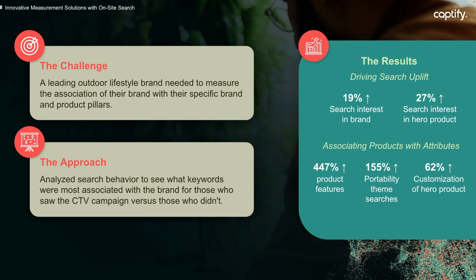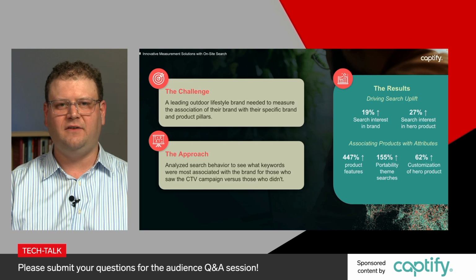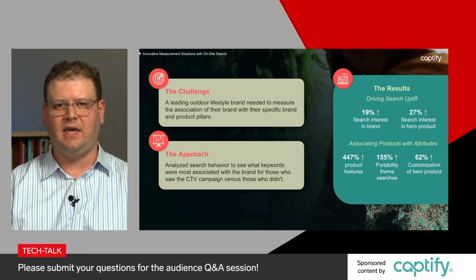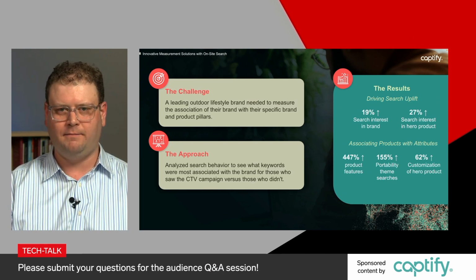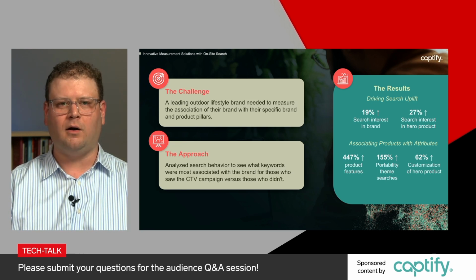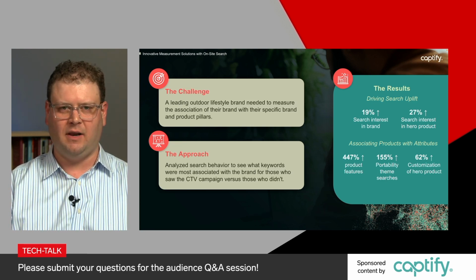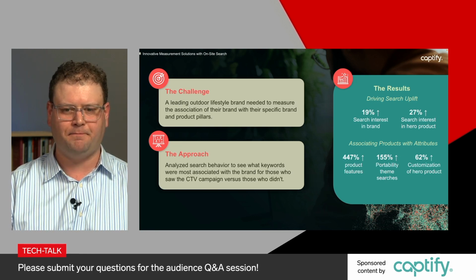And then diving in more detail to some of the specific attributes about this brand, they were 447% more likely to search for specific features about the product, really indicating not only a desire and an interest in the brand overall, but a desire and interest in the specific product and learning more about it. They searched 155% more around the theme of portability, which was a key message in the campaign. And they searched 62% more for customization as it relates to the top product in the campaign.